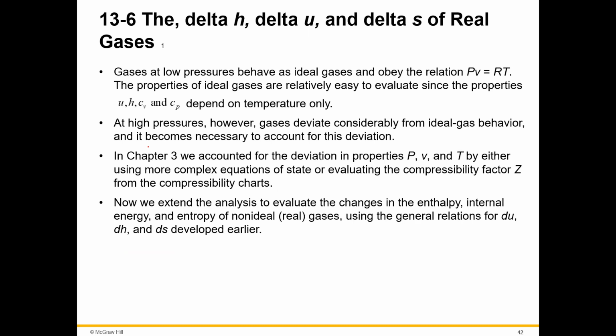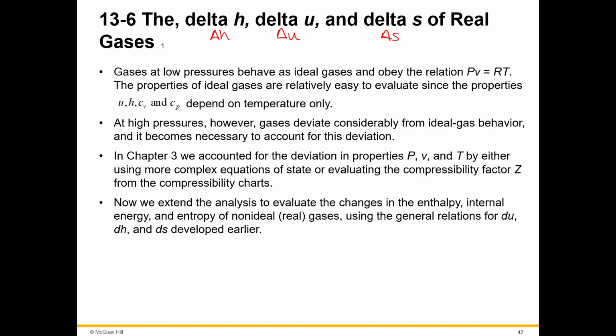So now when we're talking about delta H, delta U, and delta S of real gases, so gases at low pressures have an ideal gas behavior, we talked about that, and obey the relation PV equals RT. And they are relatively easy to evaluate because they're temperature dependent only, U, H, CV, and CP.